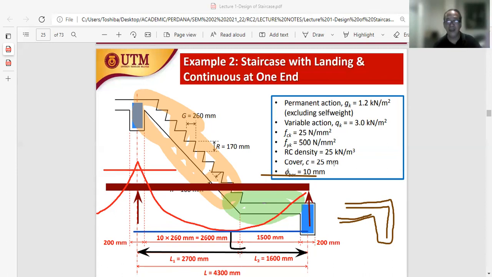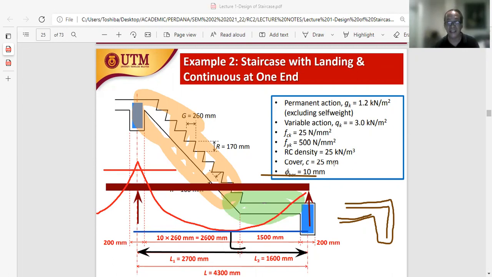If you recall what you have done earlier in your slab design, whenever there is a slab connected to an L-beam at the end of the slab, we still provide some top reinforcement, what is called the anti-crack bar, to prevent cracking that might occur on the top surface of the slab.